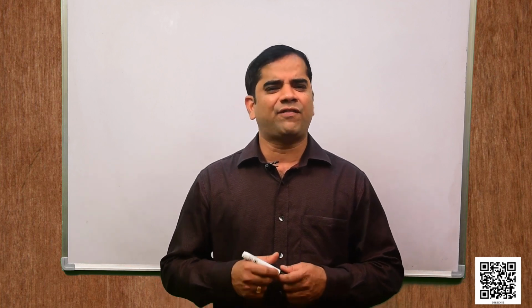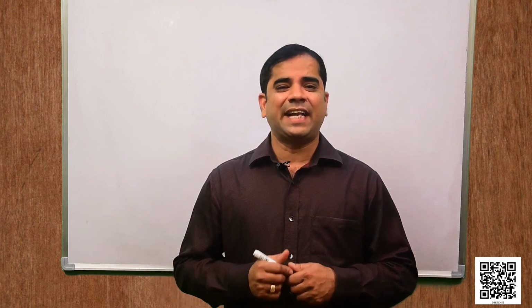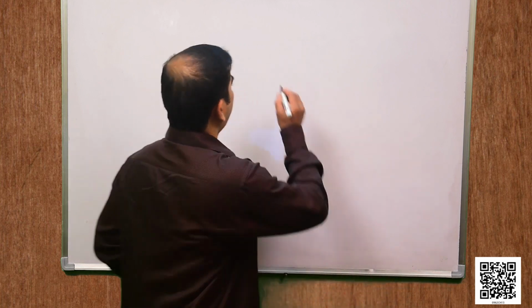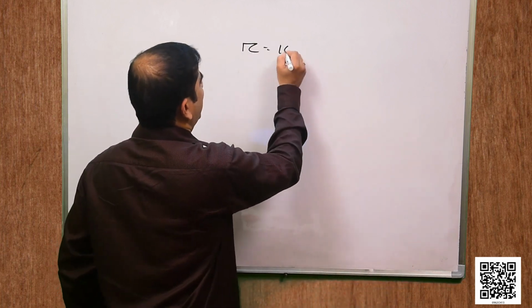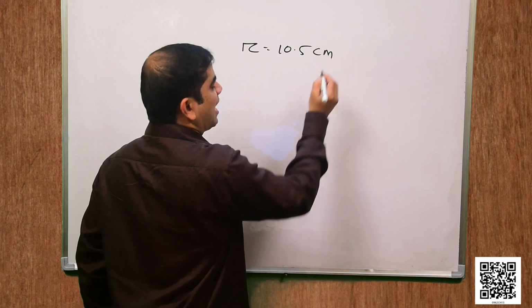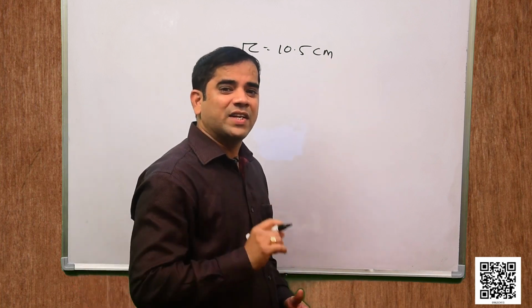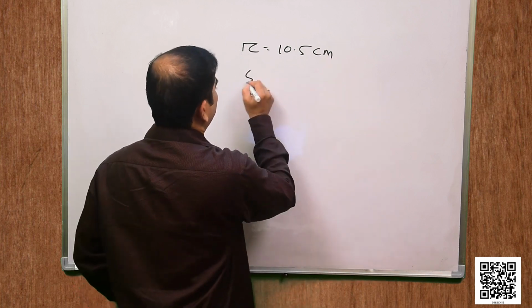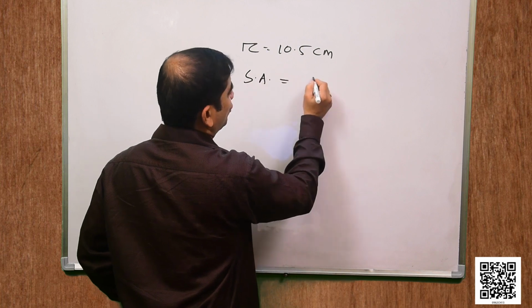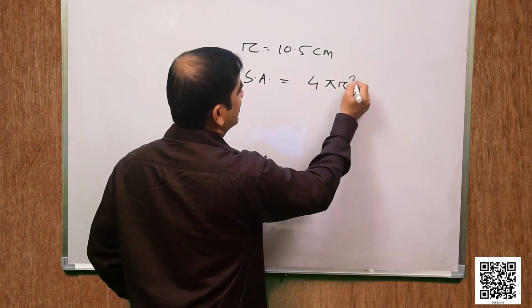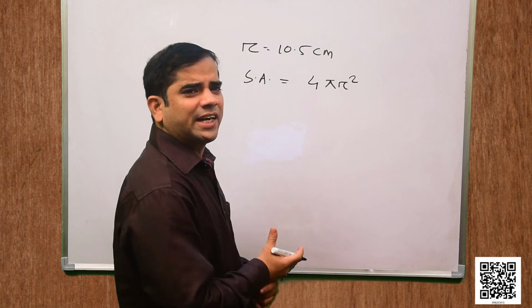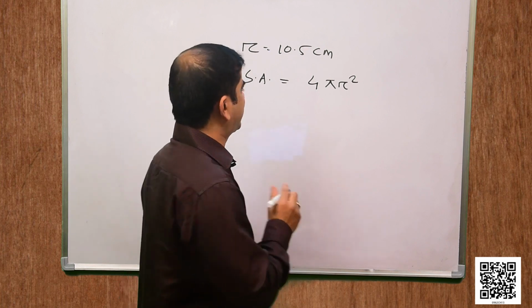So, let us begin with the first one. Radius is 10.5 centimeter. So, r is equal to 10.5 centimeter, and we know the surface area of the sphere is equal to 4 pi r square, and it has been instructed to take pi is equal to 22/7.